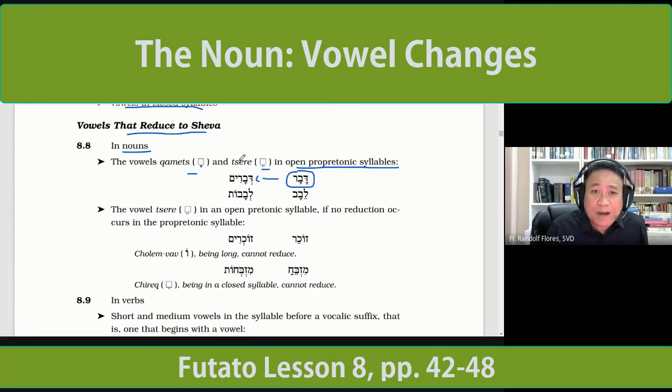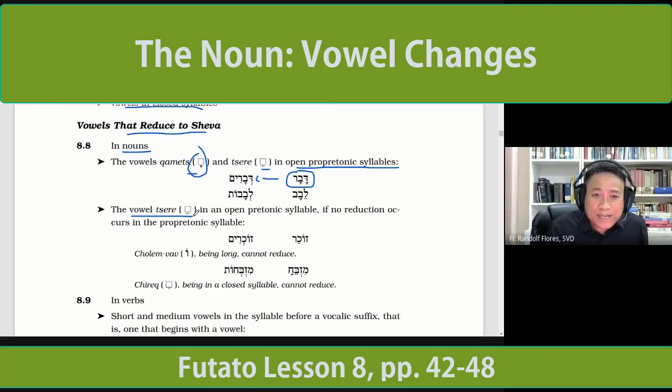The kamets becomes shewa, it becomes short. It becomes shewa in an open propretonic syllable. De is open, propretonic, and therefore it is reduced to shewa.